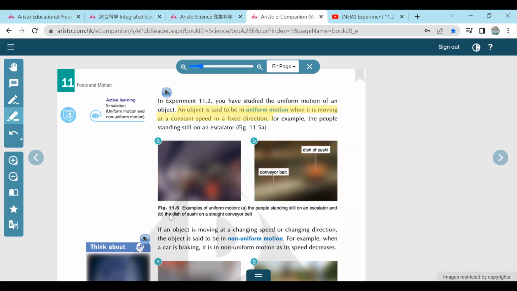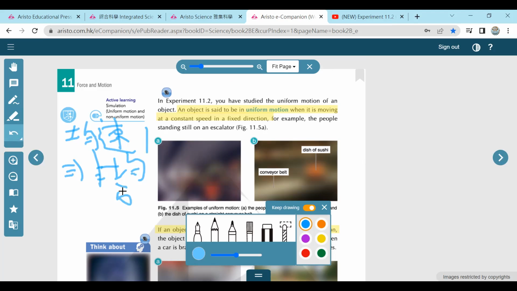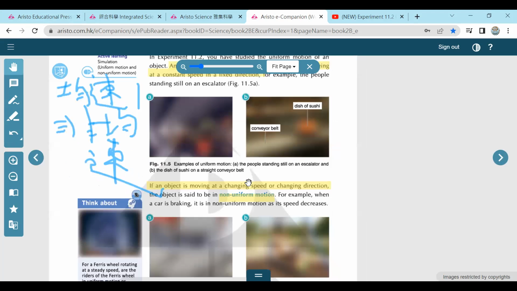If an object is moving at a changing speed or changing direction, we call it non-uniform motion, 非均速運動. This one is uniform, this one is non-uniform.